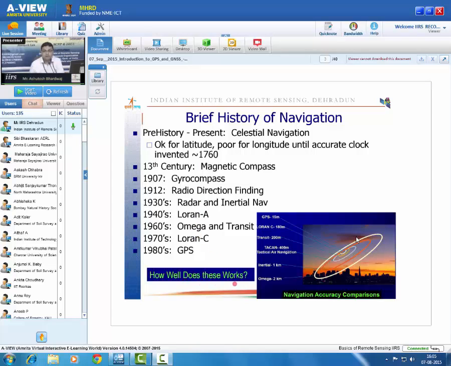Now, how well do these individual systems work? The Omega system, the initial system, had an accuracy of about 2 kilometers, which improved over time to 1 kilometer, and then 400 meters, and then the Transit, which is a satellite based system, to about 200 meters accuracy.